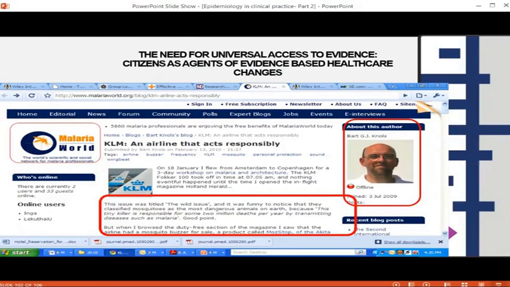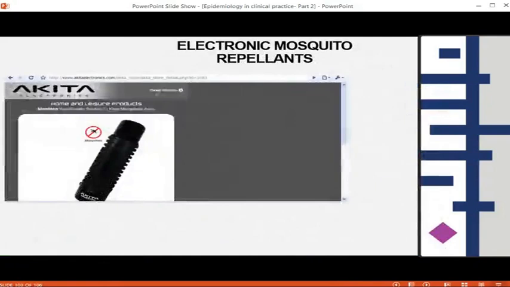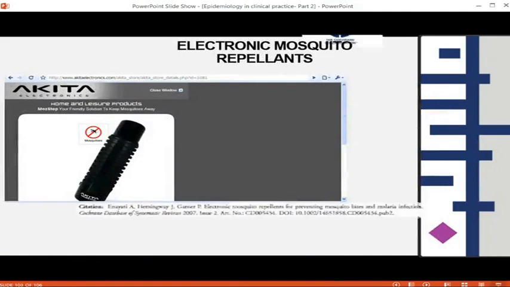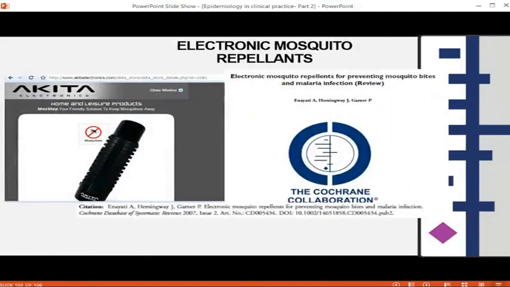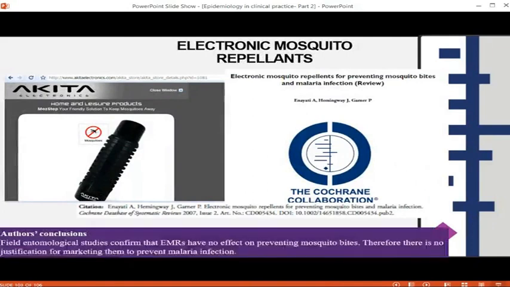But then when he looked at the advertisements in that glossy magazine, he found an advertisement for an electronic mosquito repellent called Mosstop. Apparently it does some kind of supersonic noise and kills mosquitoes. So he was very skeptical about this, and when he went back home, he found a Cochrane review on electronic mosquito repellents for preventing mosquito bites and malaria infection, where the authors had done entomology studies.